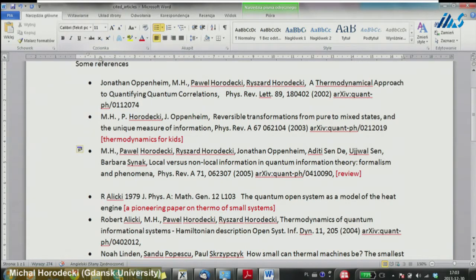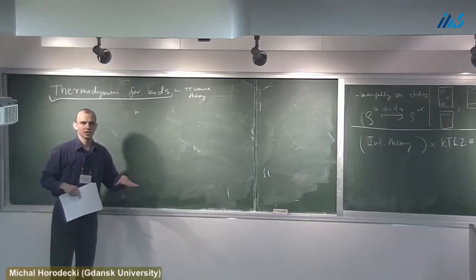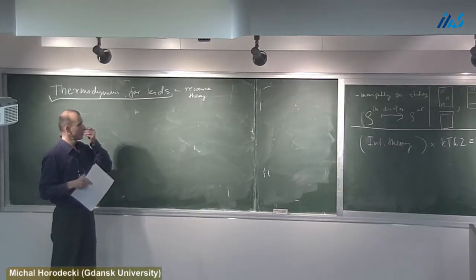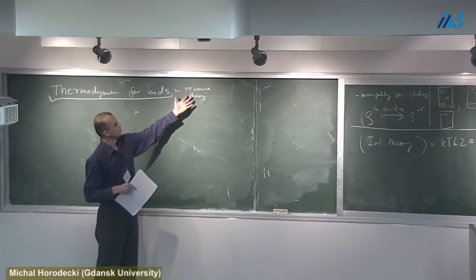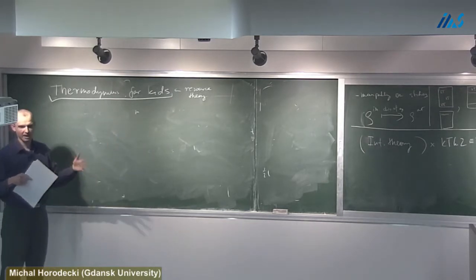By doing this, let me emphasize one thing. What is nice about this is that this is already a resource theory. So you have some resource. The resource theory notion started to be in fashion because of entanglement theory.